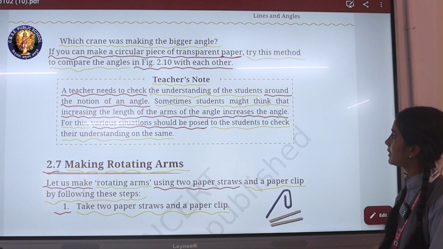Sometimes students might think that increasing the length of the arm of the angle increases the angle. For this, various situations should be posed to the students to check their understanding.